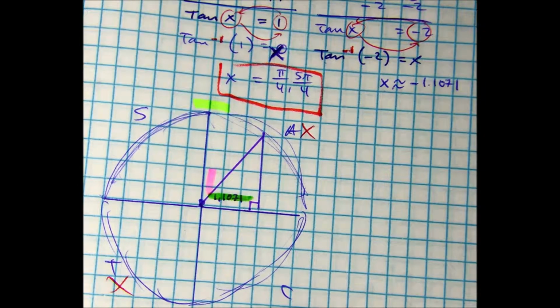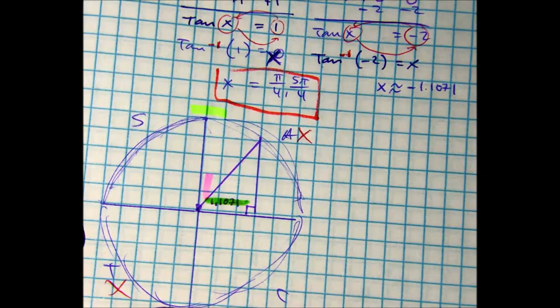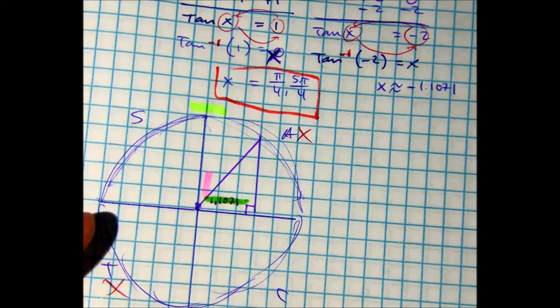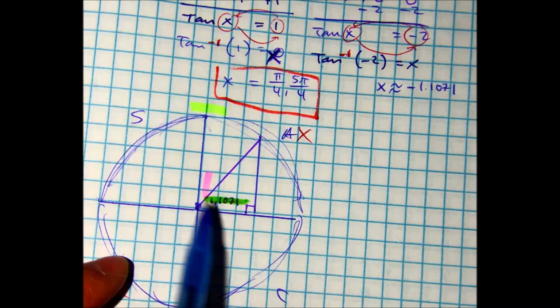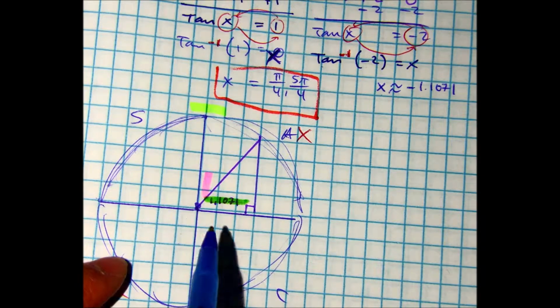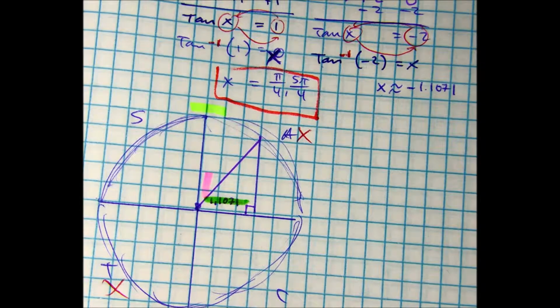Taylor, do you know the relationship between the pink and the green? They are each a half apart, or they look like it, right? Do you know anything else? Remember, pink and green represent angles.